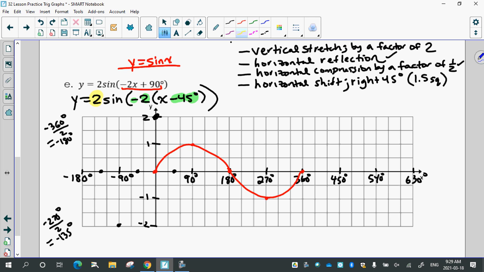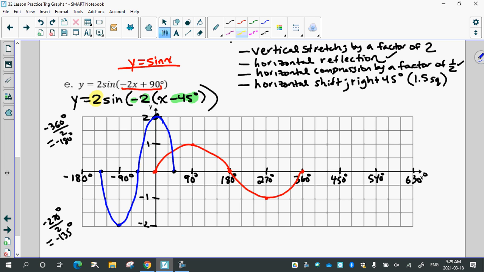So I'm going to draw in my cycle. So I have a frown here, and a smile here. And I'm going to look at my words and see if it looks proper. Is it vertically stretched by a factor of 2? Yes. So it takes up twice as much space as the red one vertically.